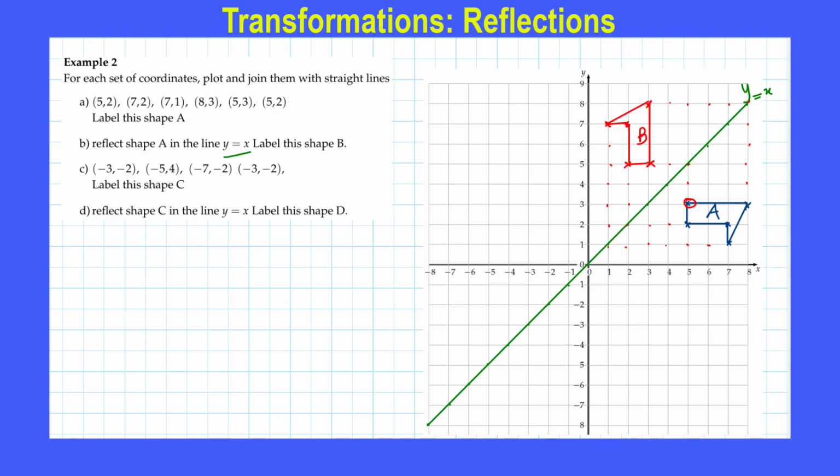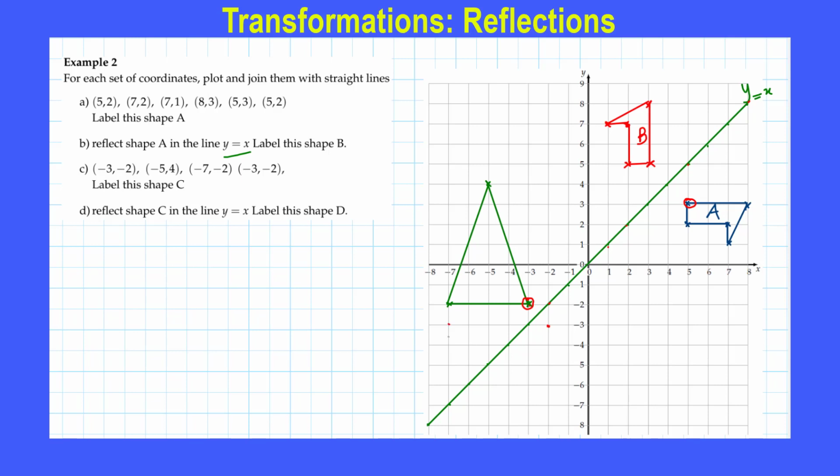Similarly for the next one, we plot the points. Join them up with a straight line. Take one point, we count across, and then we count down.